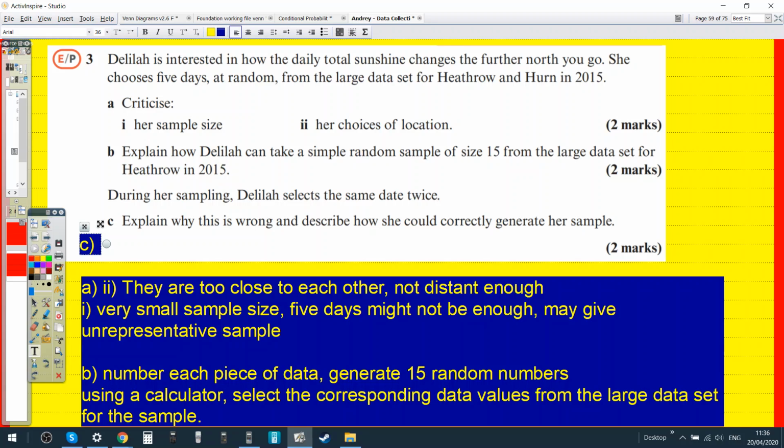And how could she correctly generate her sample? By getting the correct day. If she's using a random number generator with numbers from 1 to 1,000, and it's 1,000 days, she might accidentally get the same number twice, like 137, and then lots of other numbers, and 137 again, and she just didn't realize it.